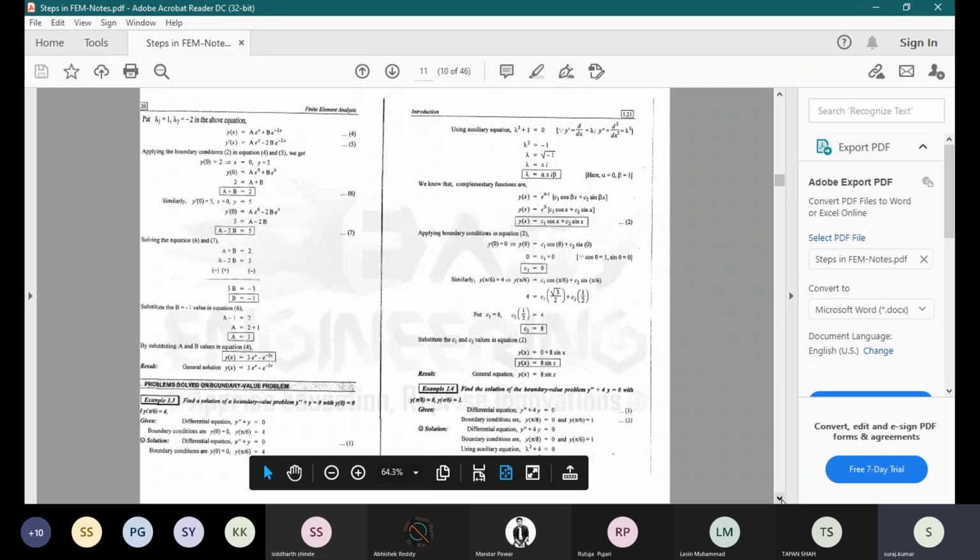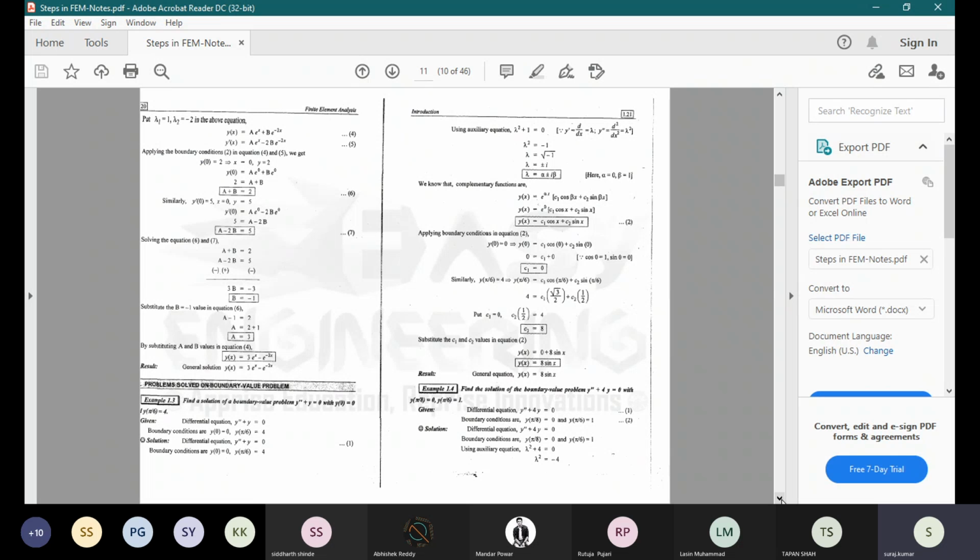Then we have questions related to boundary value problems, but the approach is the same. We have to again define the auxiliary equations, find the value of lambda, define the complementary function, then put the value of the boundary conditions, and finally get the value of the general equation.